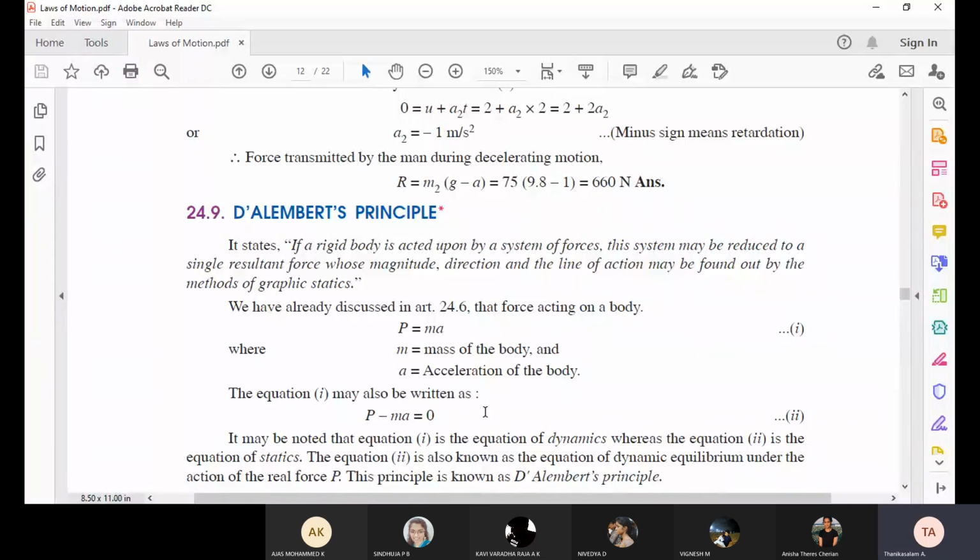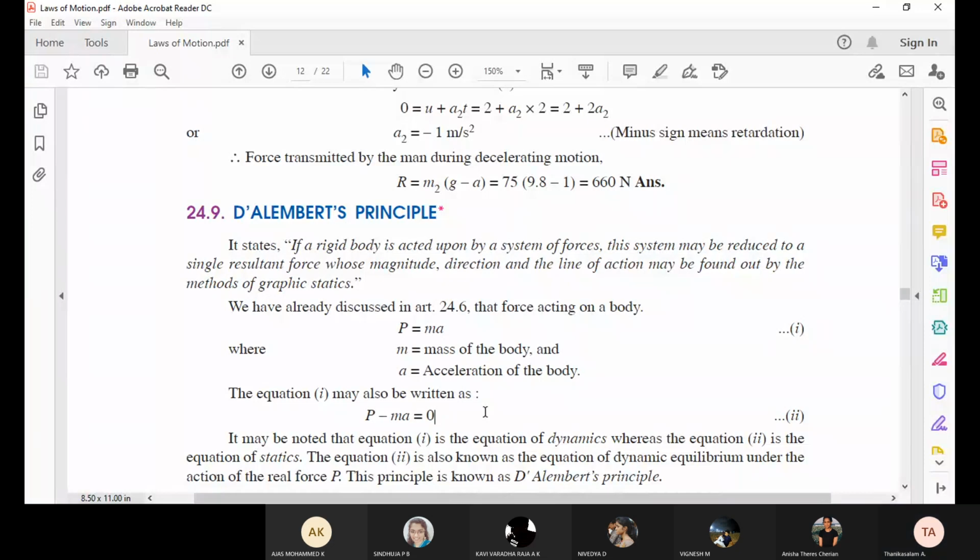What is equilibrium? The body is in rest condition. Even though forces are applied, the body must be stable, not moving. This is static equilibrium. The fan is static when switched off. Now we switch it on. What will happen? The fan is rotating. We are changing speed from 0 to 1, 1 to 2.